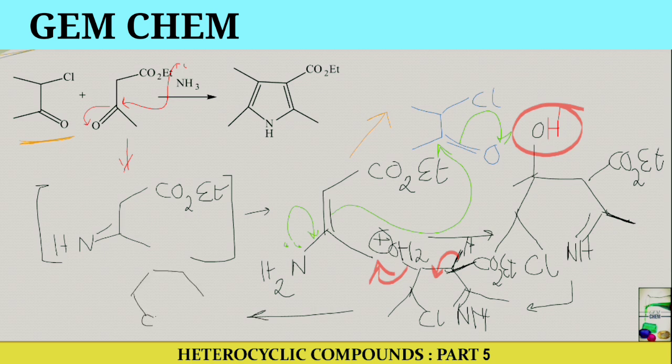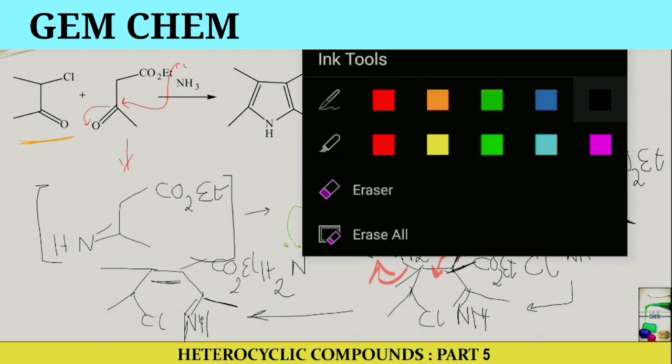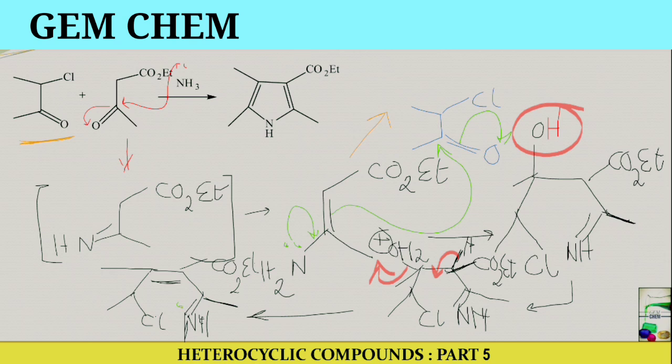Here we have Cl, here NH, here the methyl group, this is the double bond, and here also a methyl group is present. This one is our methyl group and here is CO2Et. Now the lone pair present on nitrogen is going to get donated into this part and the Cl is going to go outside.